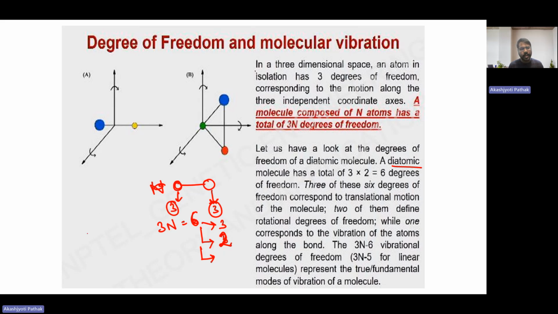If it is a diatomic molecule, it will have only one vibrational motion. Among these, 3n minus 5 for linear molecules represent the true fundamental modes of vibration of a molecule.